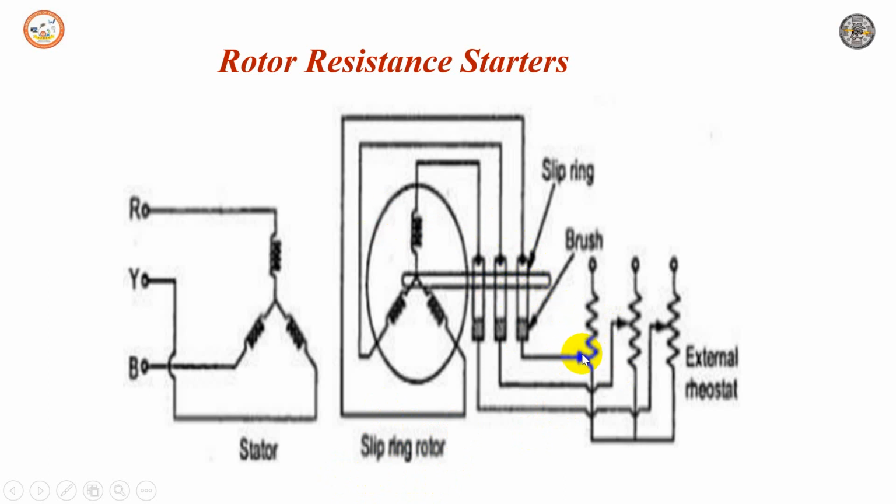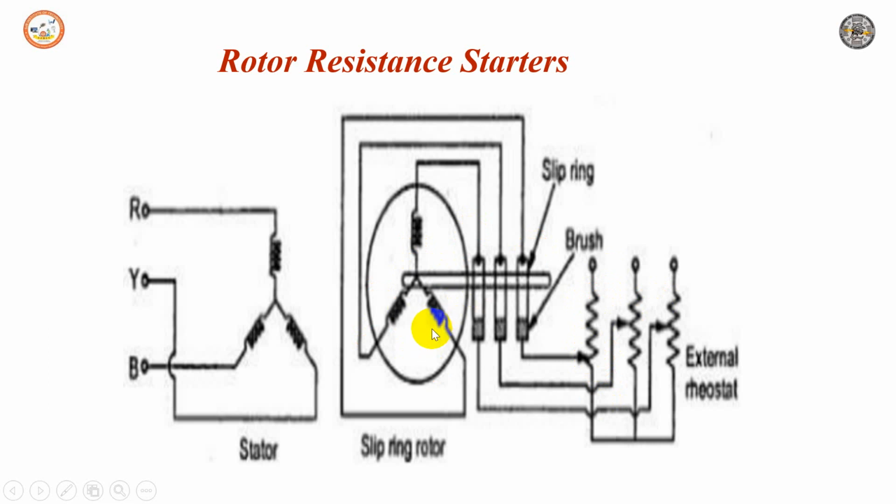Initially, the position will be here. That is, the maximum resistance will be included in the circuit, because we know in a three-phase induction motor, during starting, we need to have a very low current. As the motor gathers speed, normally when it reaches 80% of it, this resistance is gradually cut out, and the operation can be manual or automatic.